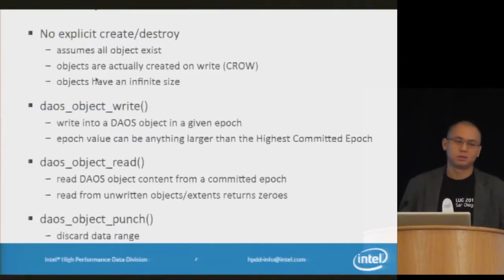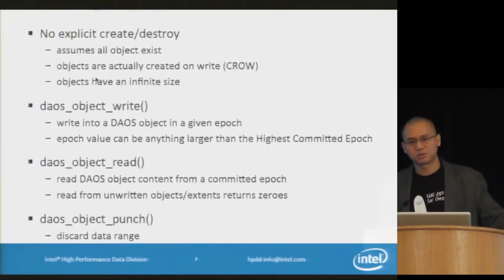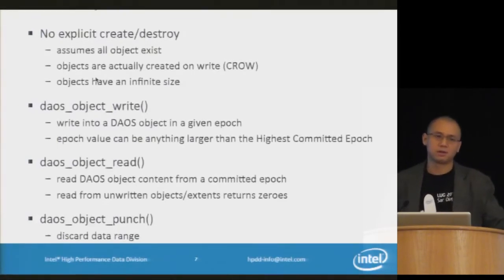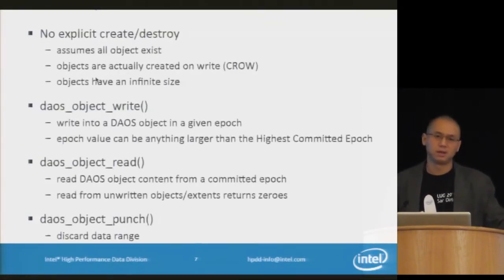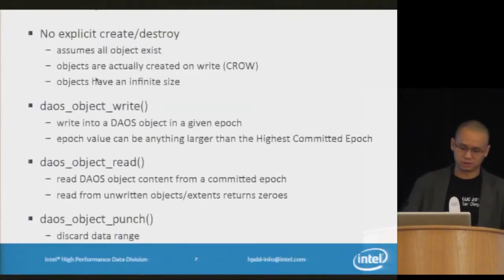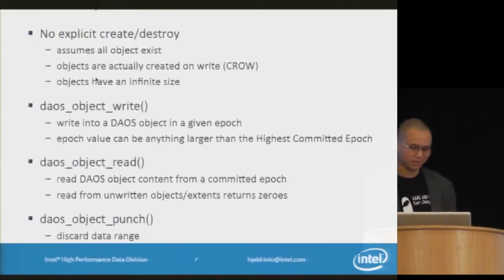They are the way the user submits I/O requests, and the user also needs to provide a transaction ID, I mean epoch. All these operations are asynchronous, so the completion of these operations is notified by an event, and the user can get this event by polling on an event queue. The event queue is another component of DAOS. Really, this is the time I can take for this, and Johann will take over the complex things.